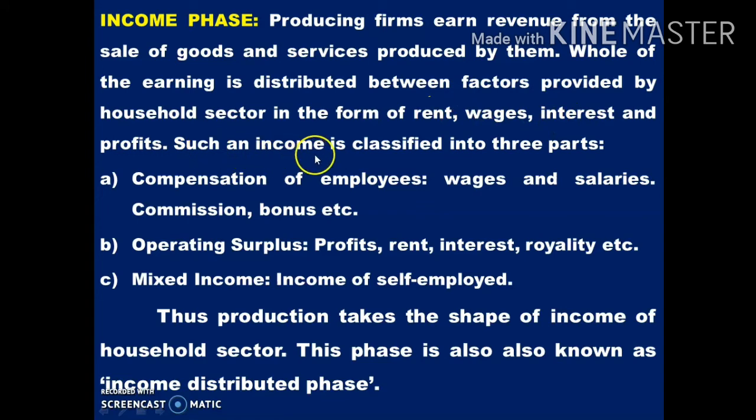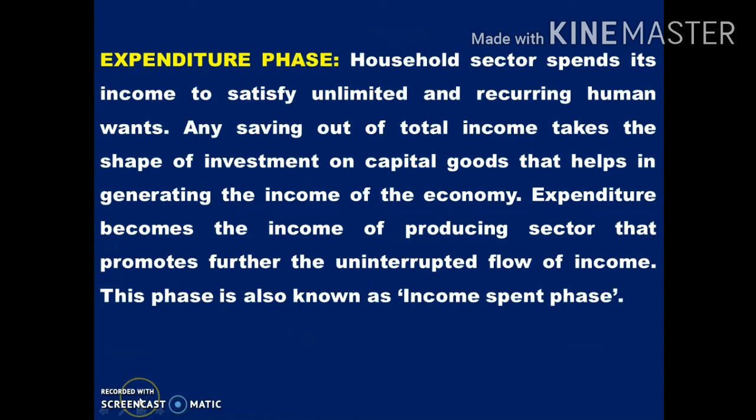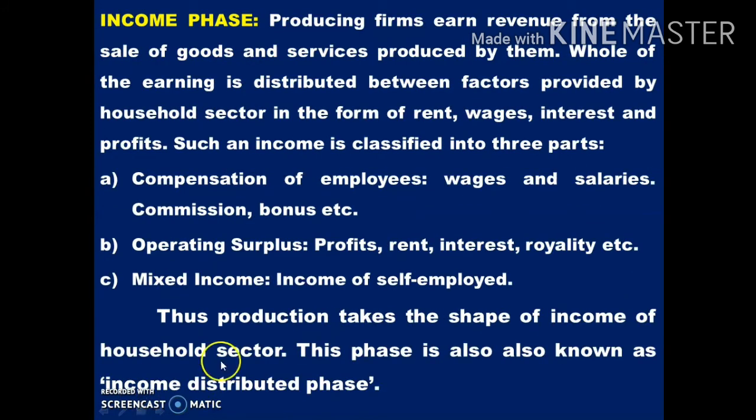Such income is classified into three parts: compensation of employees, which means wages and salaries, commissions, bonus, etc.; next, operating surplus, profit, rent, royalty, etc.; and mixed income of the self-employed. Thus production takes the shape of income of the household sector. This phase is also known as the income distributing phase.